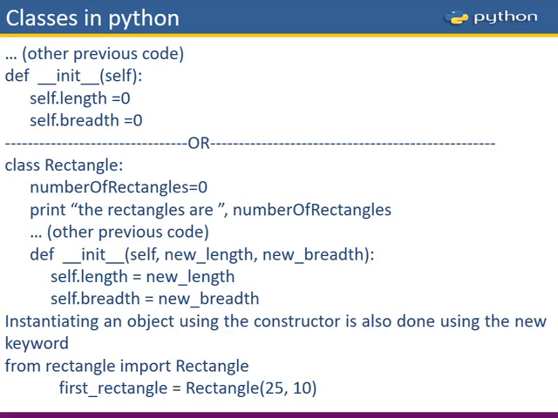When we are instantiating an object using the constructor, it is also done using the new keyword. So we import Rectangle, and the first rectangle equals Rectangle with 2 and 5 inside.